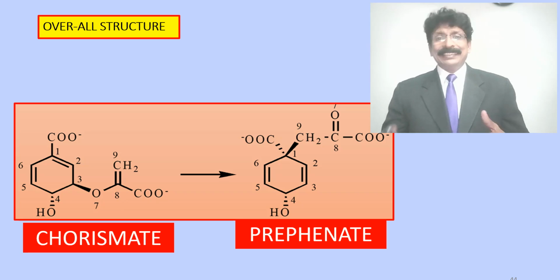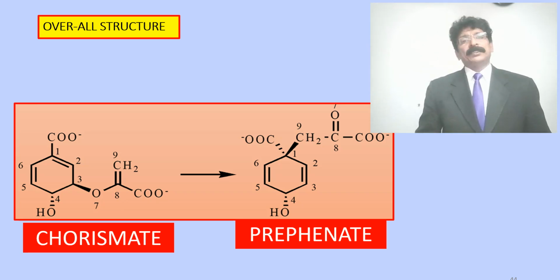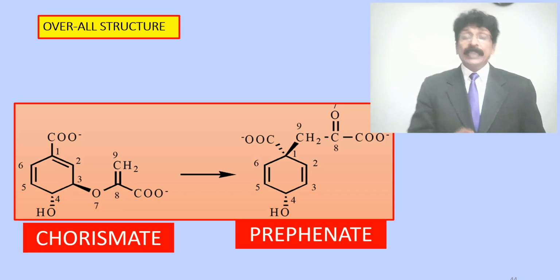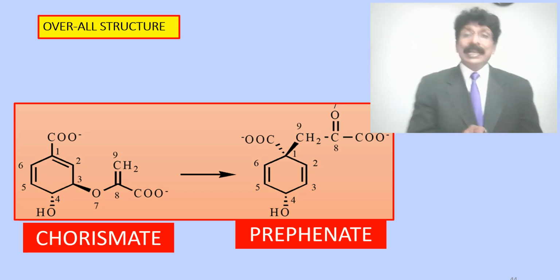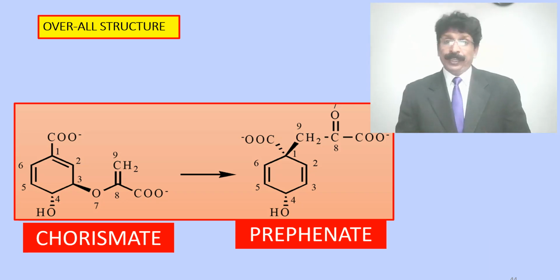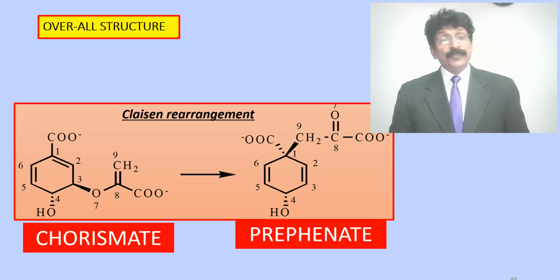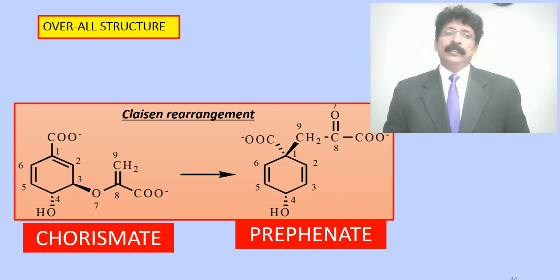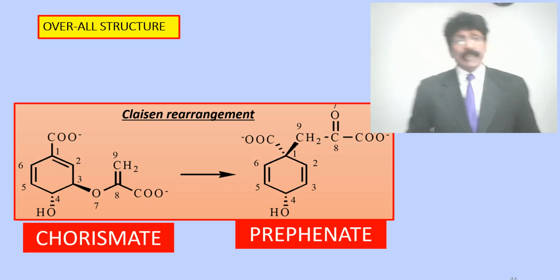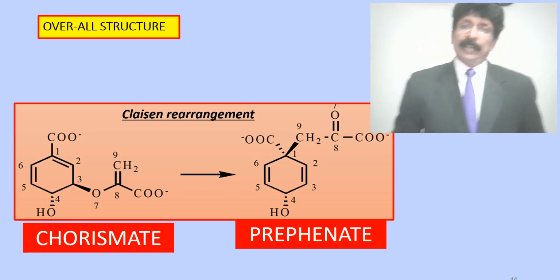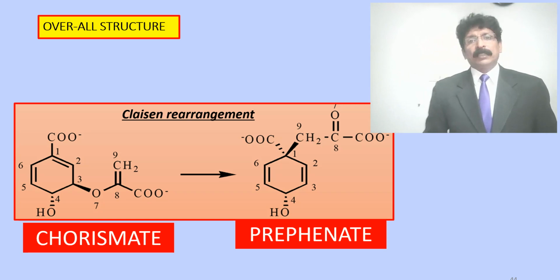This is the shifting that takes place. The chorismate is converted into prephenate, or chorismic acid is converted into prephenic acid. So this is the step, the Claisen rearrangement, a very rare rearrangement which takes place in biosynthetic pathways.